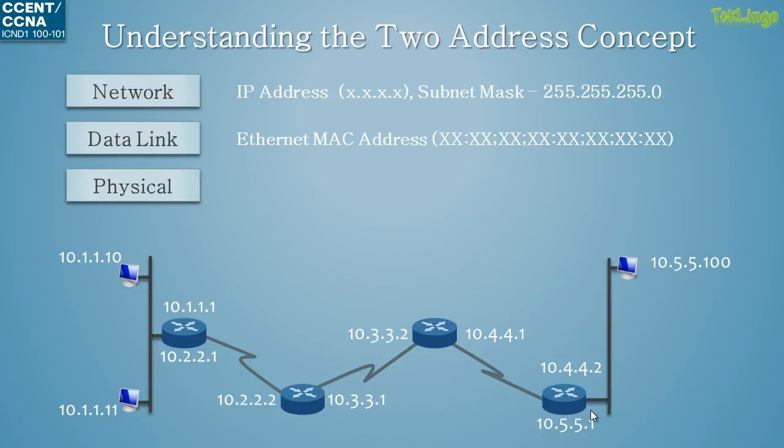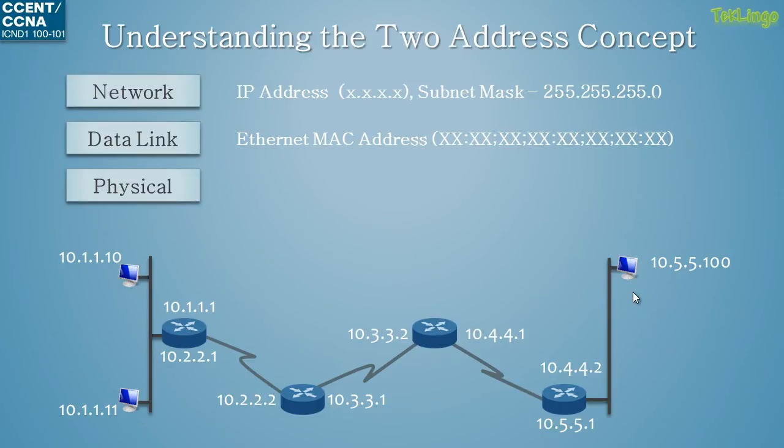So finally the router 10.5.5.1 receives the packet and understands that the destination IP is 10.5.5.100. The source MAC address becomes the MAC address of this router, which is 10.5.5.1, and the destination MAC address would be the MAC address of 10.5.5.100.